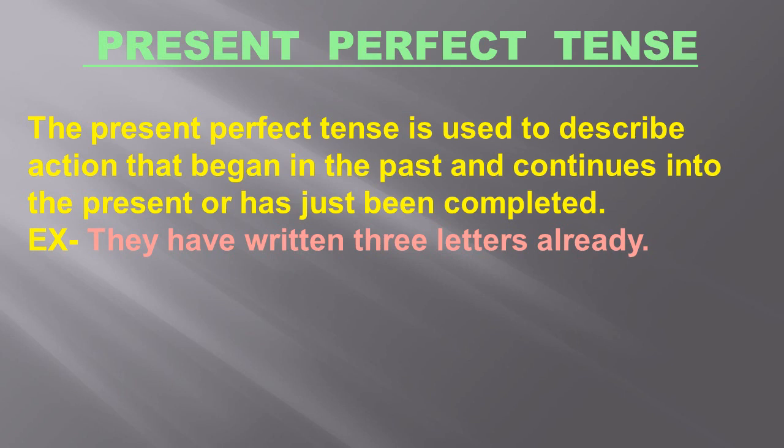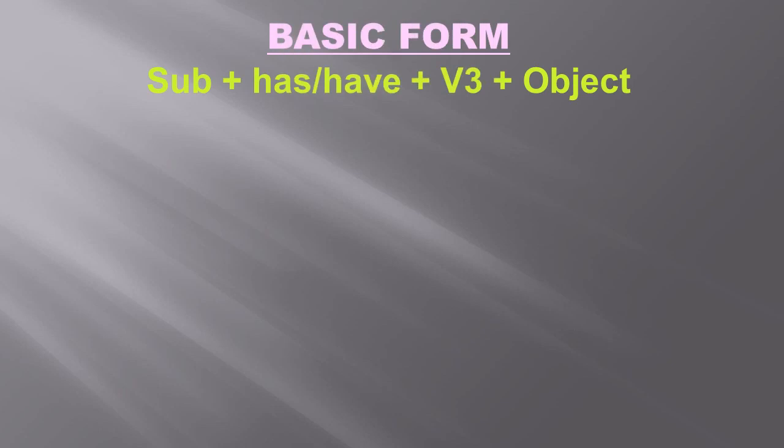For example, they have written 3 letters already. Now let's see its basic form. Its basic form, or I can say the basic structure, is subject plus has/have plus third form of the verb, that is the past participle form of the verb, plus object.